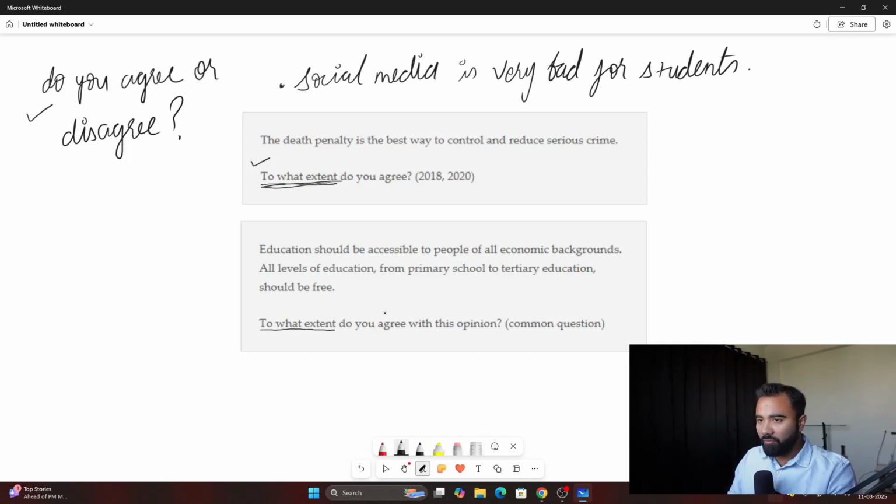But if students start misusing it, if students don't use it in the way that they should, and if they overuse it and waste a lot of time on it, then it becomes very bad. So you see what I did? I figured out a point where my agreement transitions to disagreement.